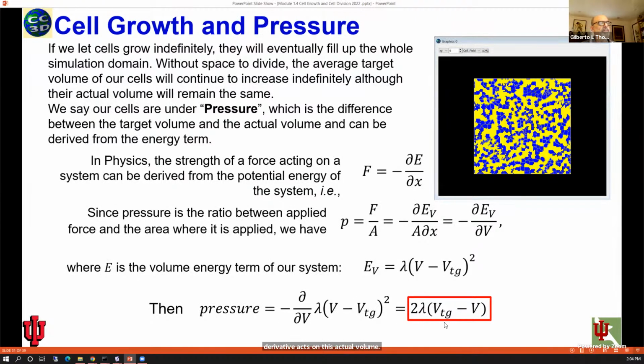If you derive, you have here the expression for the pressure in CompuCell. This is the way CompuCell implements pressure. There is this constraint and the difference between the real volume and the target volume. Question, let's see.